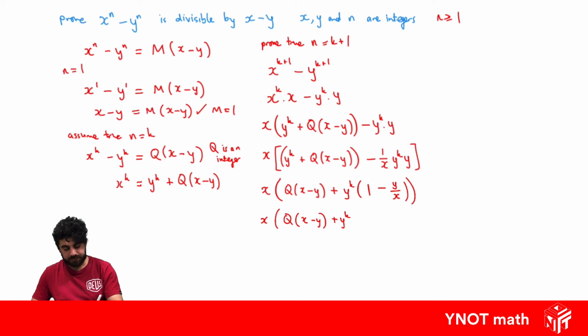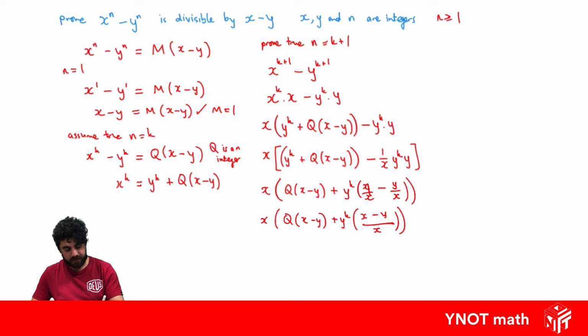Now in here, we can tidy this up by making the 1 x over x. So they have the same denominator, so we can just subtract our numerators. And let's multiply the x back out with all the terms.